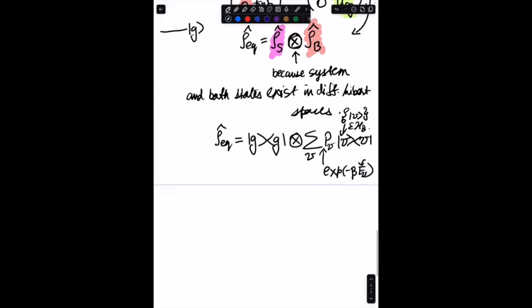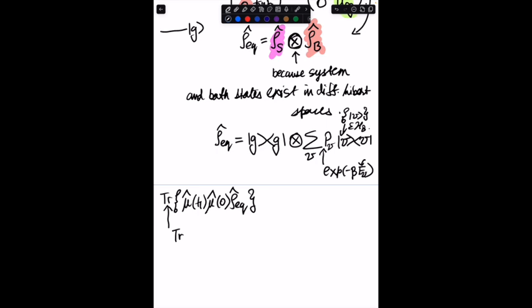And now we can proceed to calculate your two-point dipole correlation function. It's given by trace of mu t1, mu 0, rho equilibrium, right? So this trace has to be now taken over all your system states and bath states.